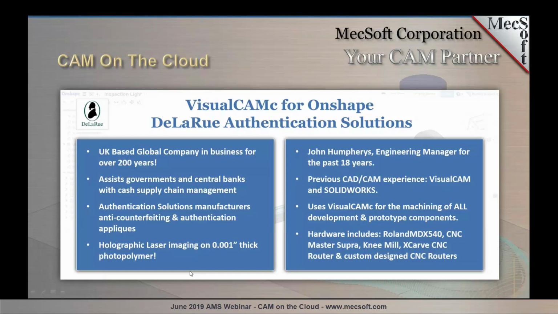The Authentication Solutions division creates the authentication labels that are laser imaged on these appliques. And think of all of the mechanical components and component mechanisms to actually make this happen is what they do.